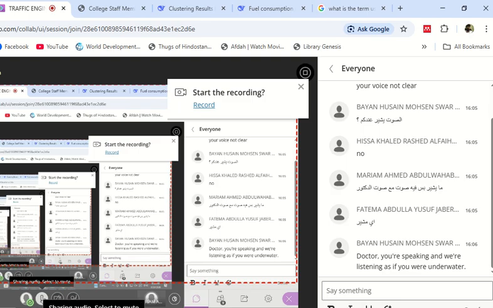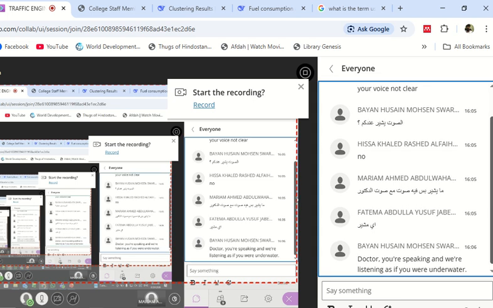How does this happen? I believe there's a lag. It's because there's a lag.